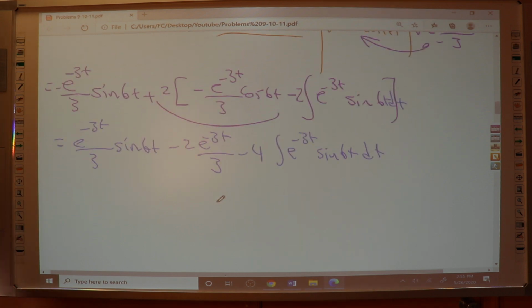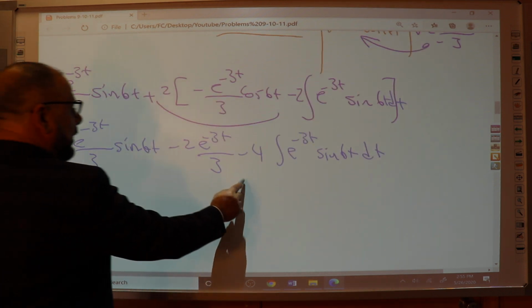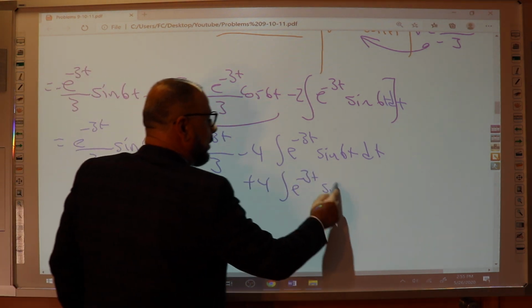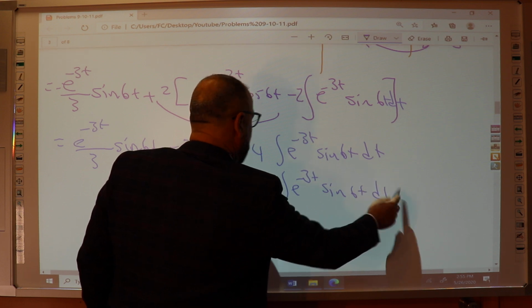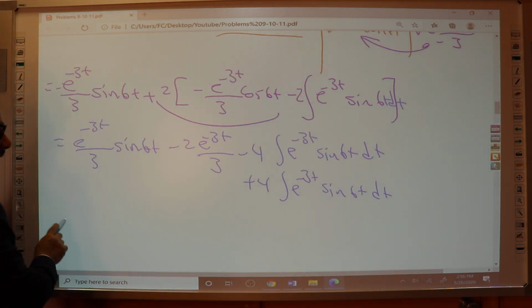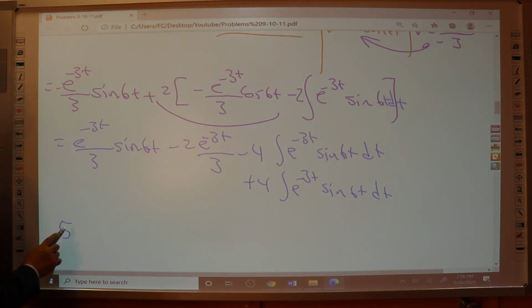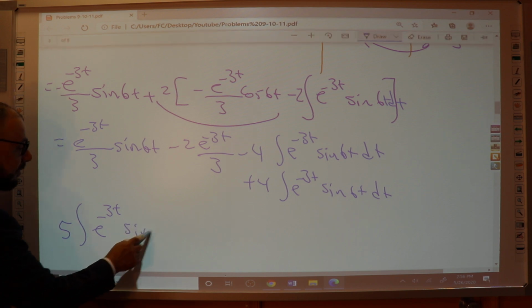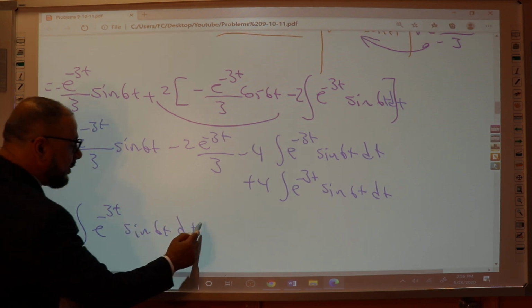Now, if you add 4 e to the negative 3t sine 6t dt to both sides, this side will have 5, because we have plus integration of e to the negative 3t sine 6t. It's good to repeat the problem.